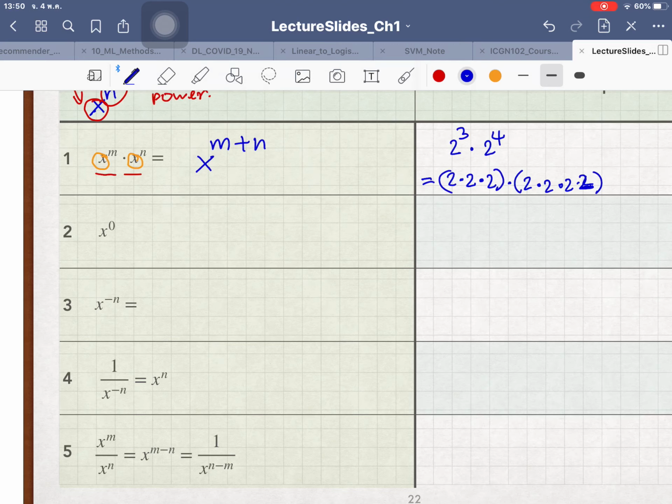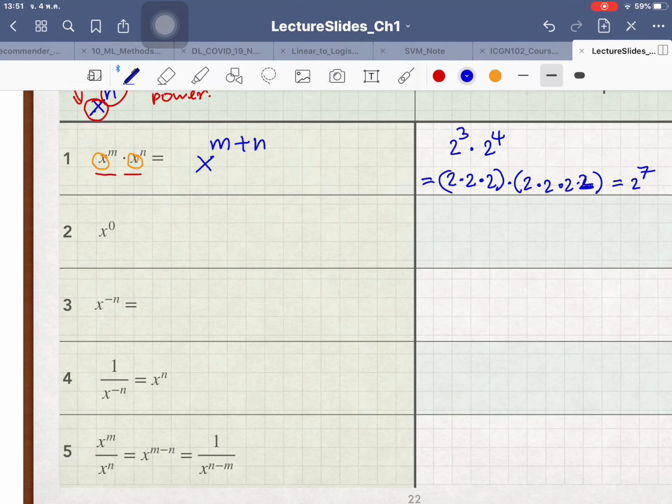If you count the total number of 2s, how many do we have? You have 1, 2, 3, 4, 5, 6, and then 7. So now we have 7 repeating terms of 2, so we put it as 2 to the power 7.